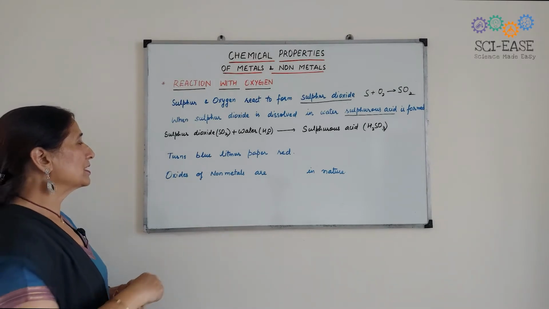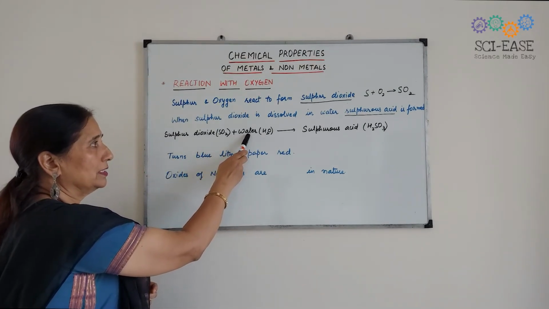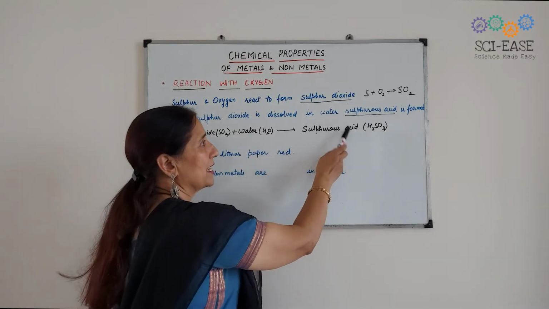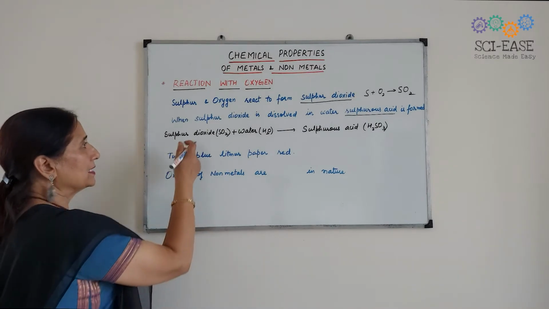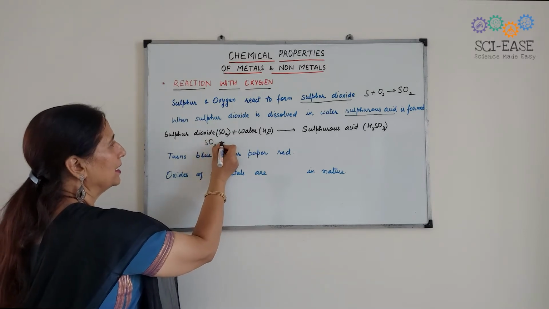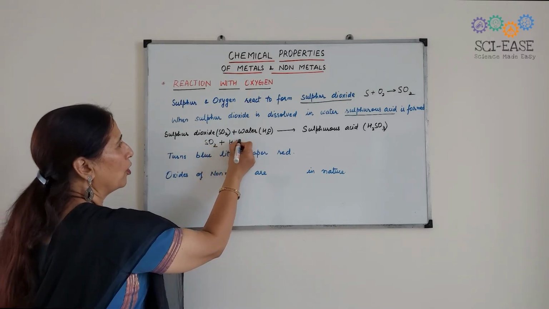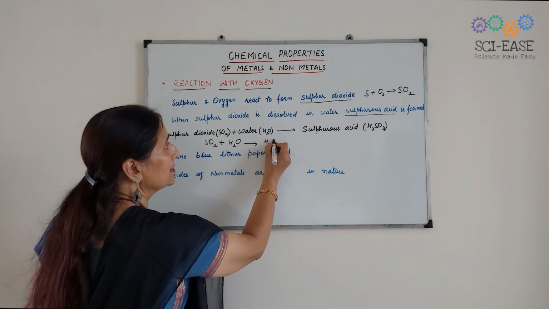The reaction for this is sulfur dioxide plus water forming sulfurous acid, having formula H2SO3. You can write this word equation in the form of a simple equation, that is sulfur dioxide plus water forming sulfurous acid. So this is an acid.